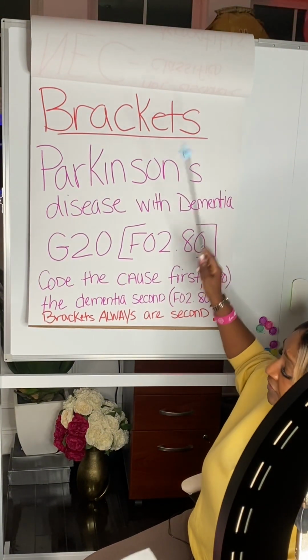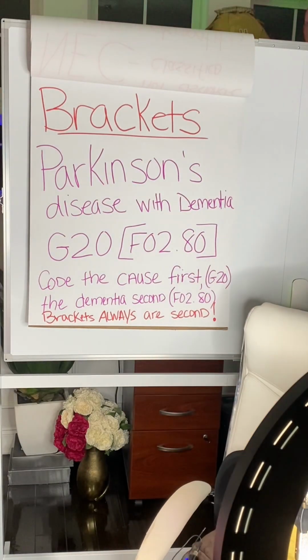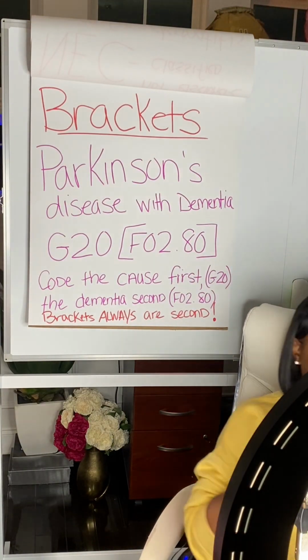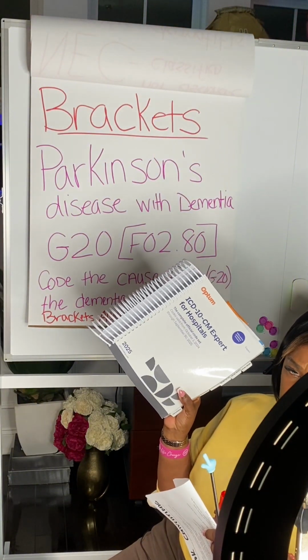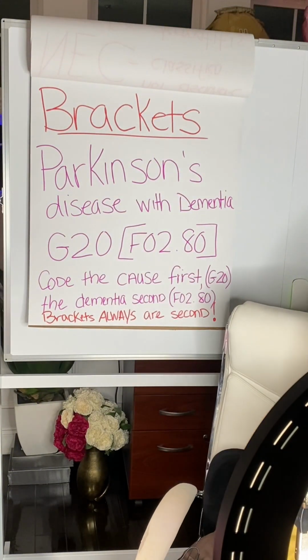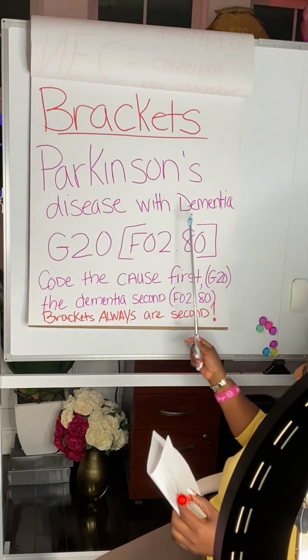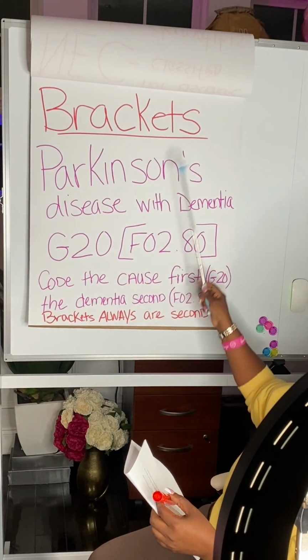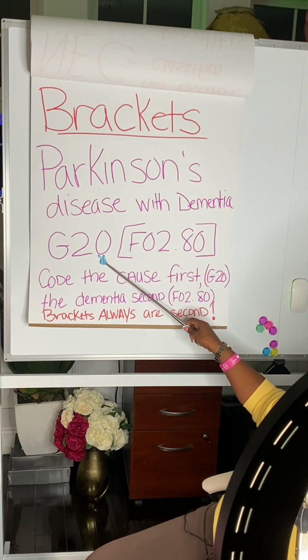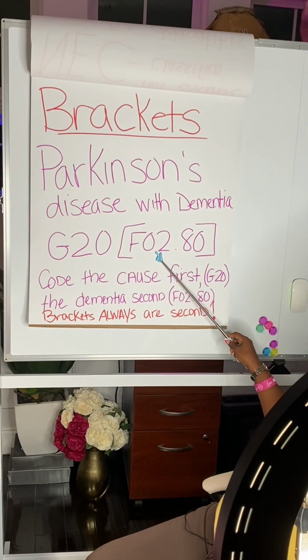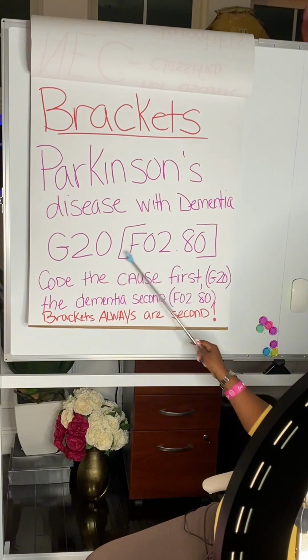We index in the ICD-10-CM book, not disease. We can go straight to Parkinson's. With dementia. So you go to Parkinson's, you see the Parkinson's alphanumeric code, G20. Now you see brackets. This code is for dementia when you index it.